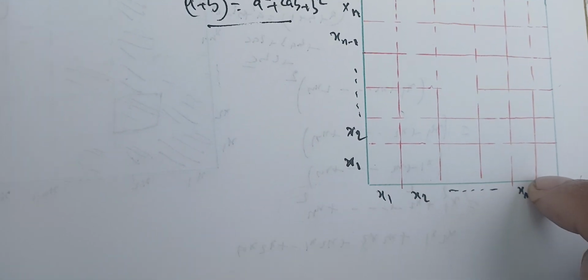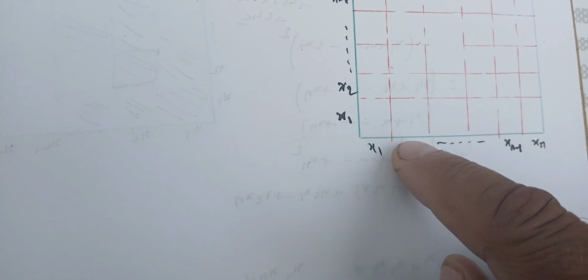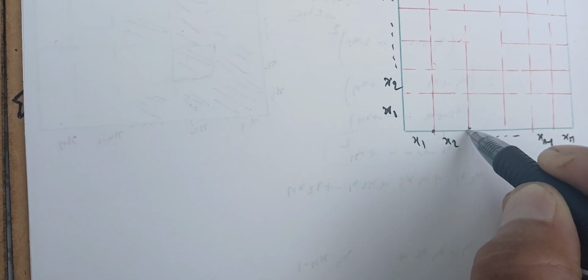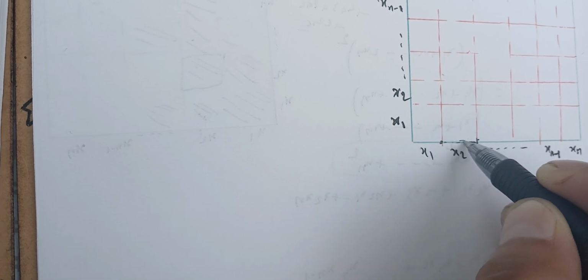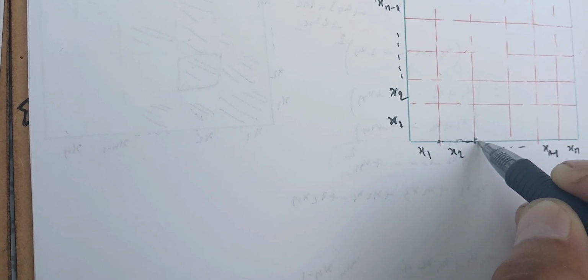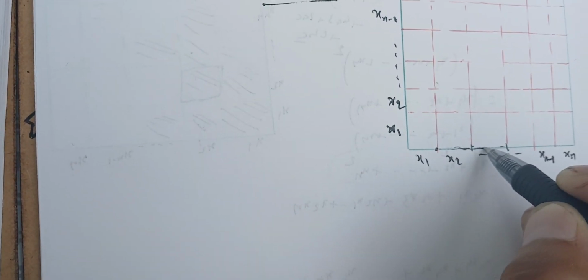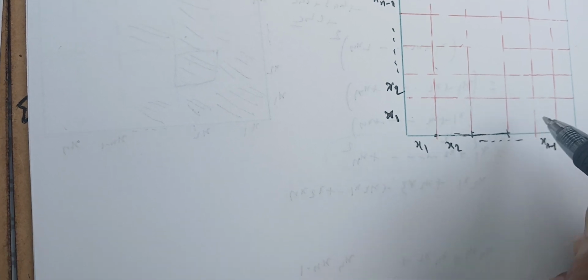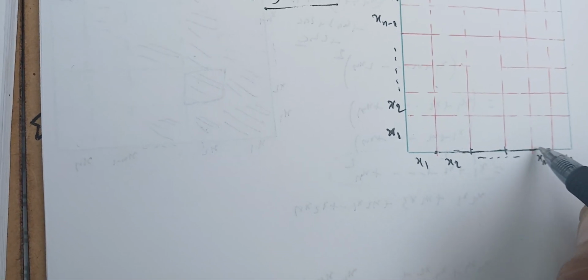So here we assume that we have a square of side length x1 plus x2 plus xn. So this is the side length. This is the length of each square or rectangle, because we assume that they are different. So here this is the side length for each one.